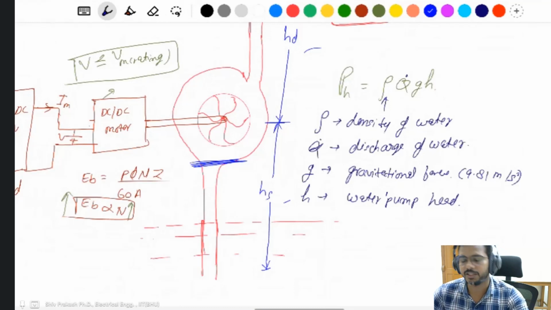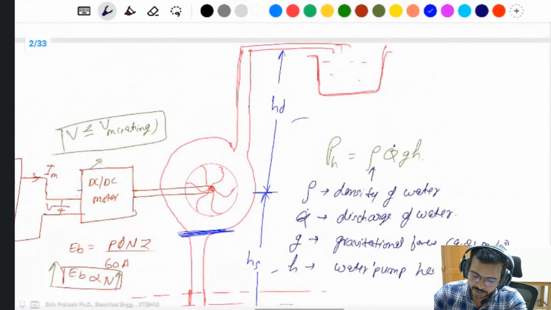There is no suction head in a submersible pump. But in other pumps, like a monoblock and a 1 HP water pump with an induction motor used in our homes, there is some suction head, and the remaining pipe is used to throw the water from the pump to the overhead tank.